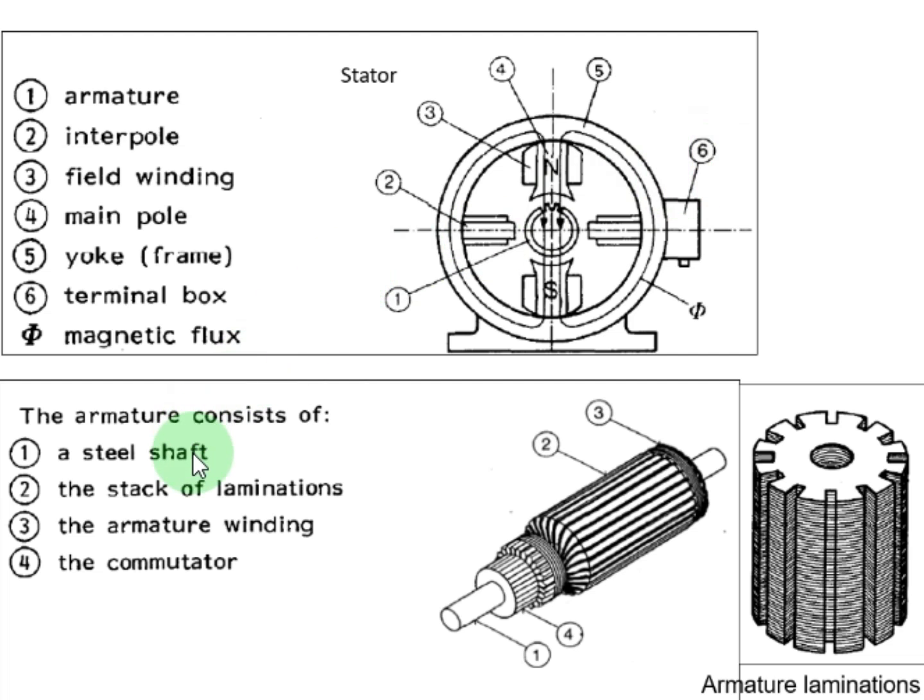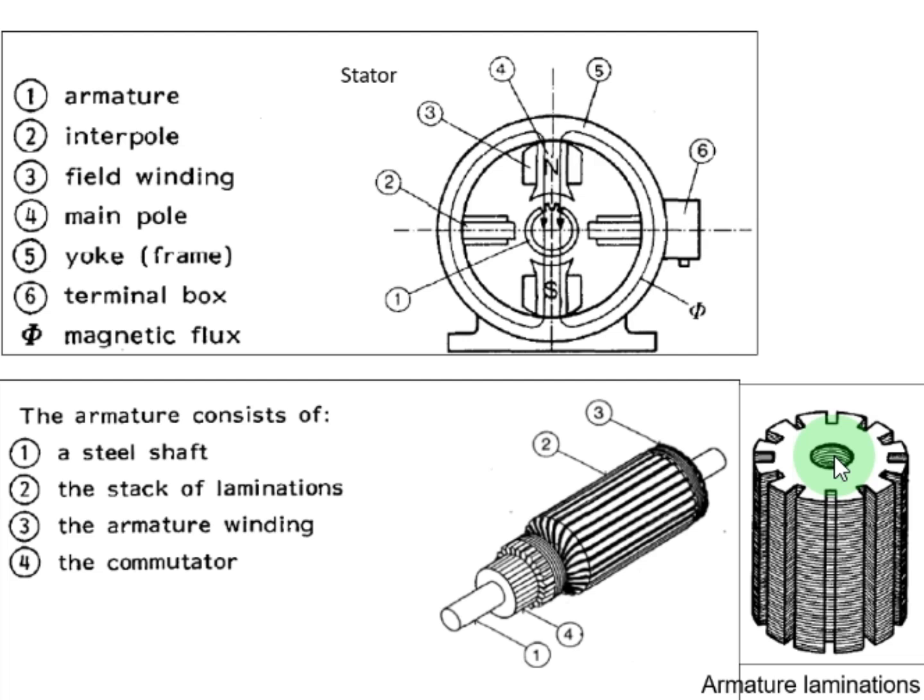And if you look at the middle part separately, that is called the armature or the rotor. It consists of a steel shaft, that is this steel shaft here, and a stack of laminations. So the middle part is something like this. These are actually laminations of this shape, which are combined together to form one solid armature.